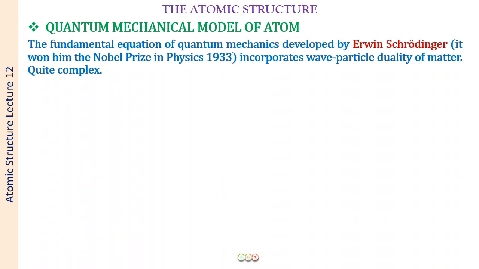So now let us understand what is the quantum mechanical model of atom, which we accept today as the model giving us an explanation, insight into the structure of atom. Well, quantum mechanics was developed independently by Heisenberg and Schrodinger, but here we shall discuss quantum mechanics based on the idea of wave motion as developed by Schrodinger. So Erwin Schrodinger was his full name, and he gave the fundamental equation of quantum mechanics, which even got him the Nobel Prize in Physics in the year 1933.